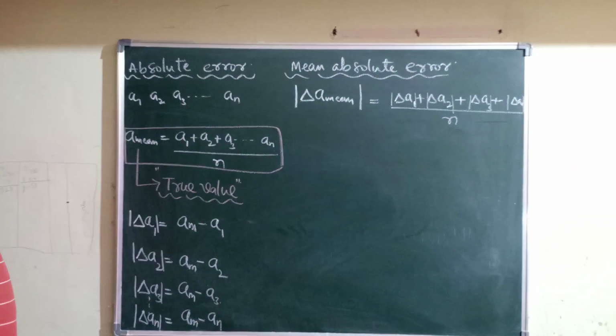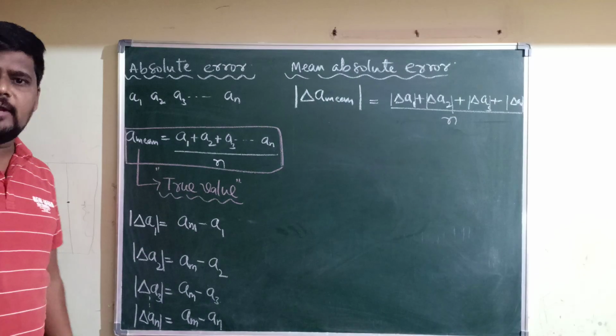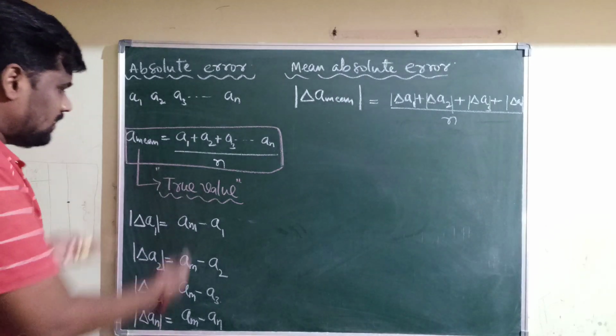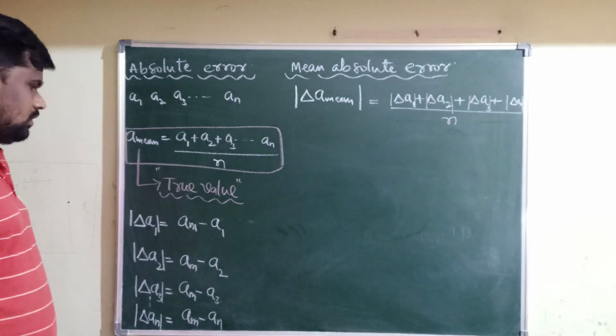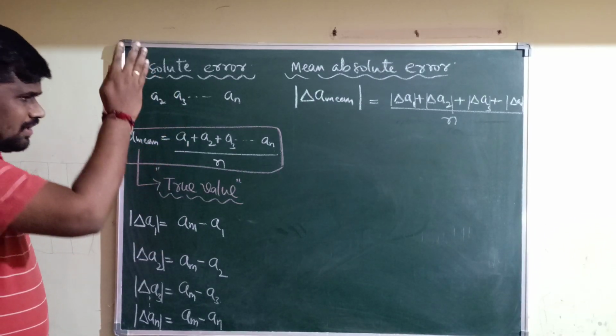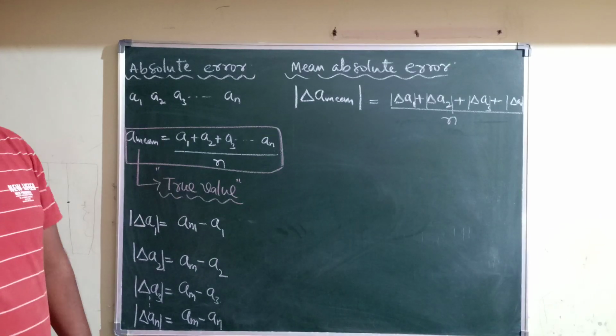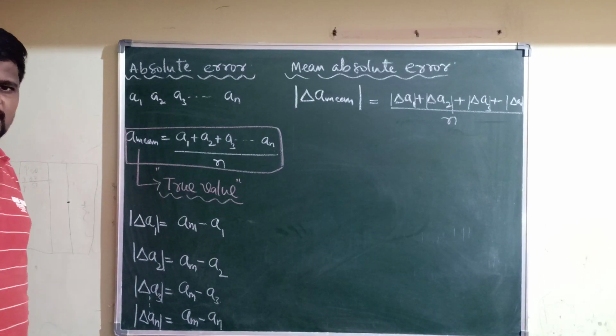So next is, if you want to report a result in terms of error. For example, if you want to report your measured result in terms of absolute error, how are you reporting the result?